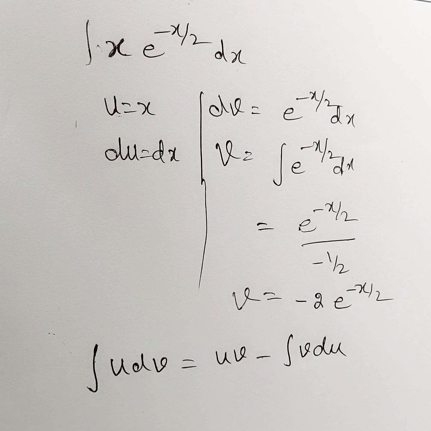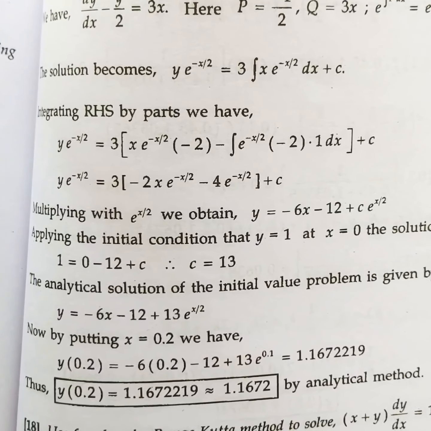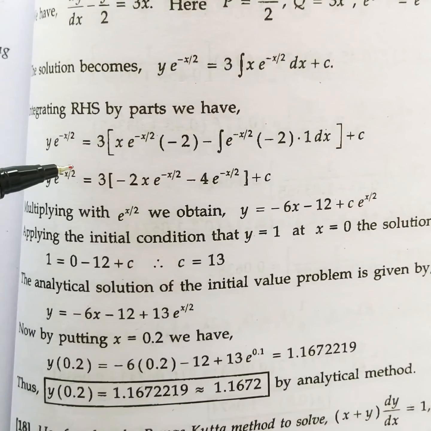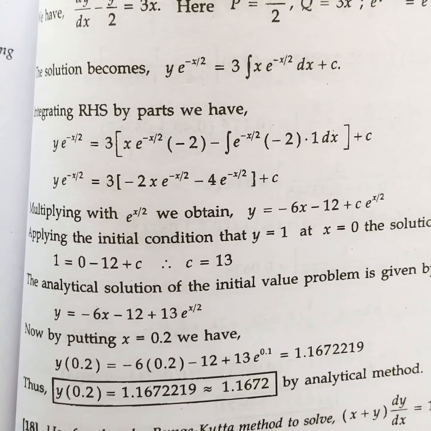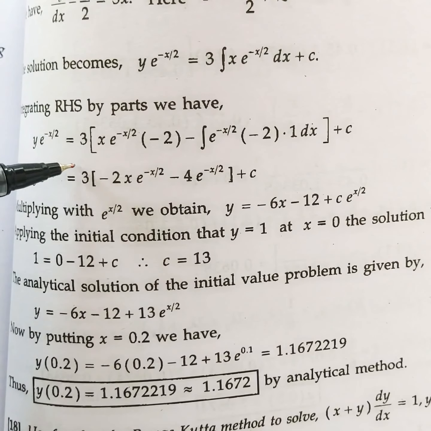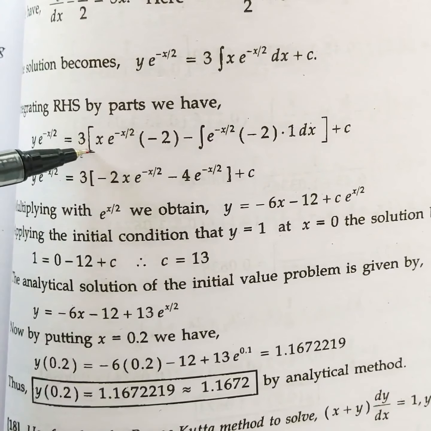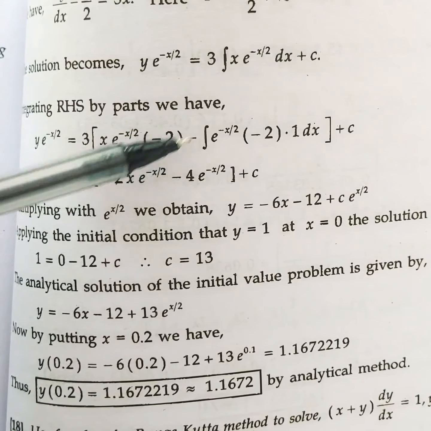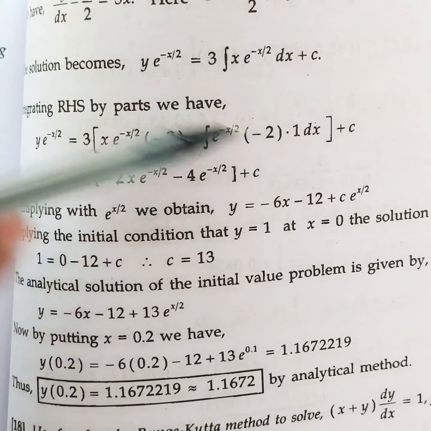Now we are just going to substitute these values in the final formula, uv minus integral v du. If you see this step, 3 is already there, outside the integral. So 3 is there as it is, and then uv, x is u, and v just now we got as minus 2 e power minus x by 2, minus integral minus 2 e power minus x by 2 du.